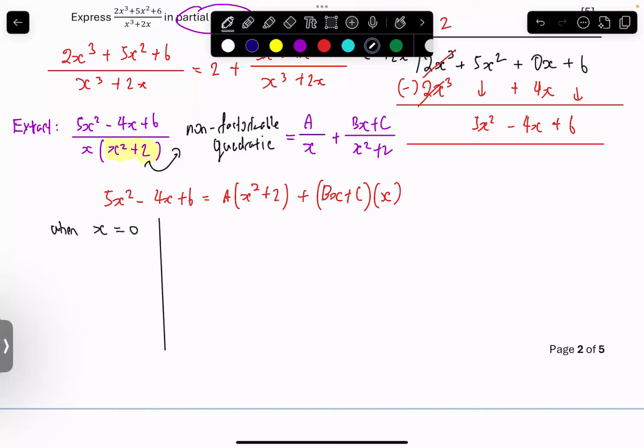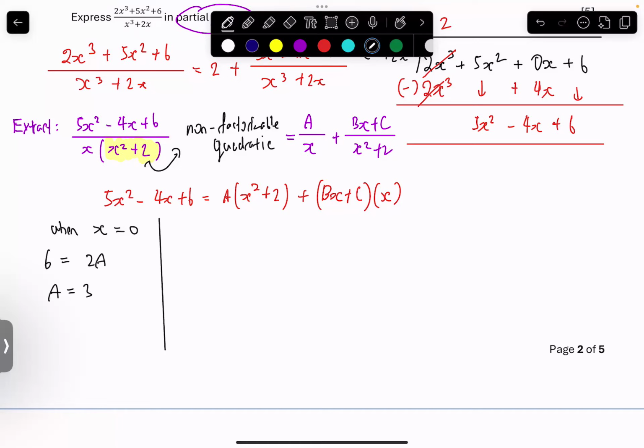When x equals 0, the left is super easy because these two terms will be taken out: 0 squared is still 0, 4 times 0 is also 0. So on the left we get 6, equal to, the reason we sub in 0 is that the 0 will multiply this whole chunk and it will just become 0. So that will be equal to 2A. So A equals 3.